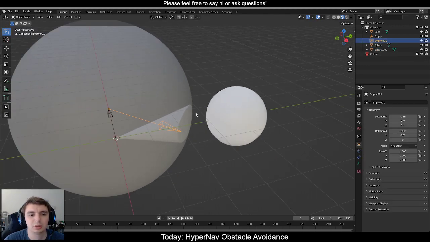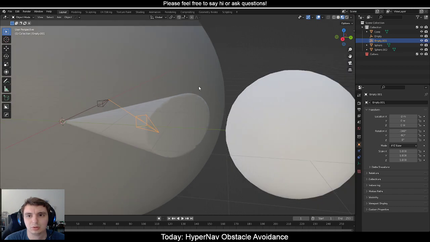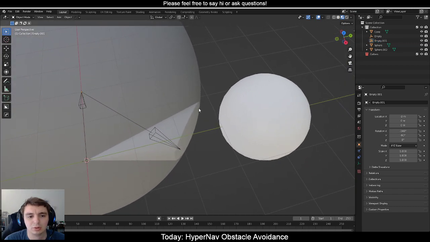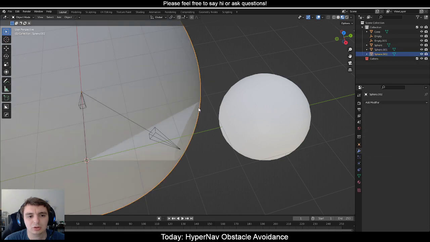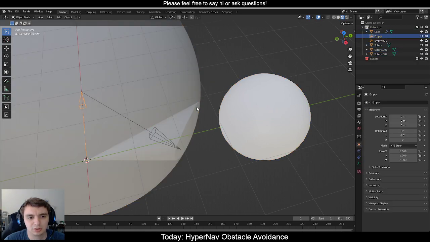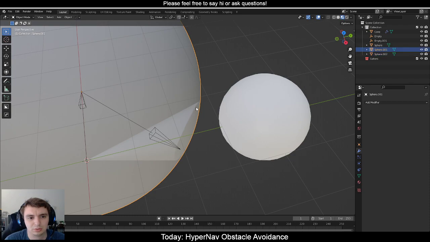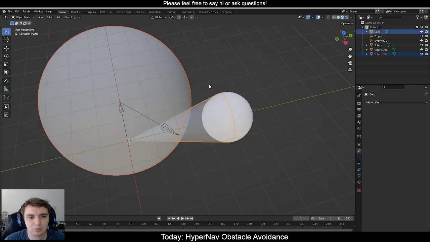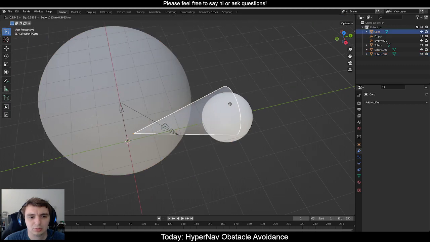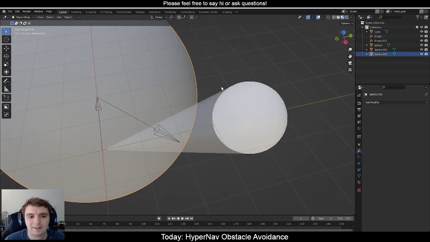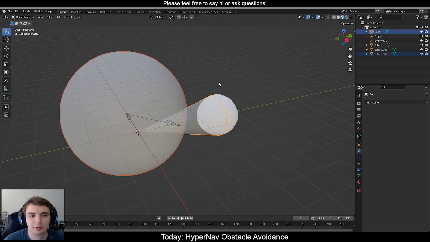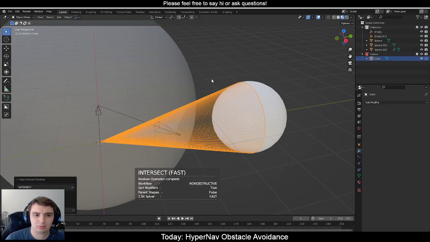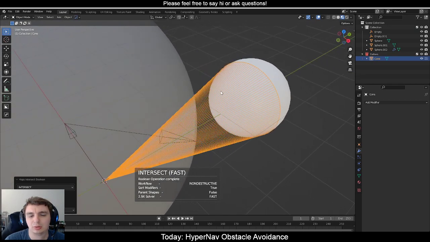Oh, because I duplicated it, maybe? Whatever. Oh, it's because I had the wrong thing selected when I did the operation. That's what I wanted.